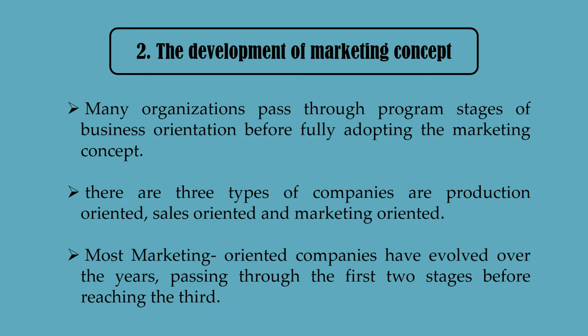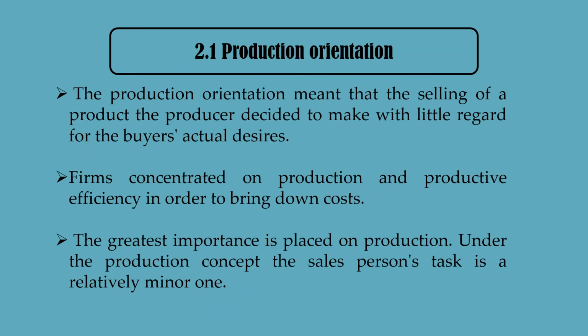Most marketing-oriented companies have evolved over the years, passing through the first two stages, which are production and sales oriented, before reaching the third stage, which is marketing oriented. Let us start with the first stage, production orientation.